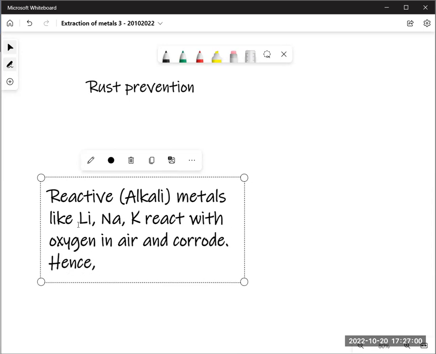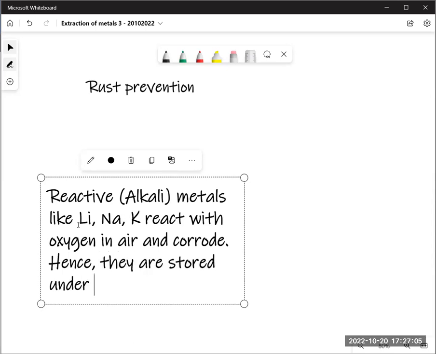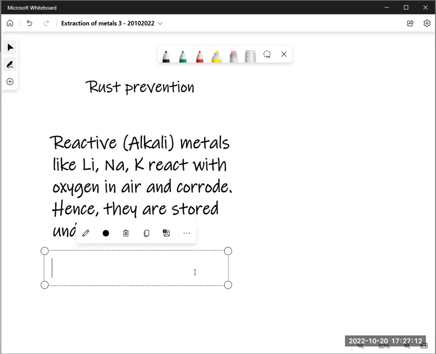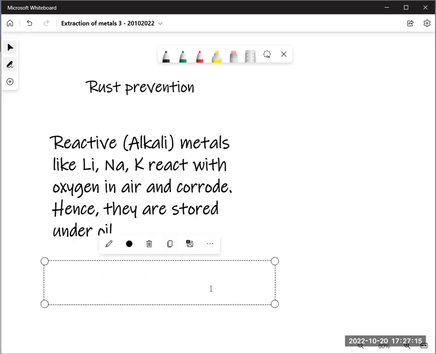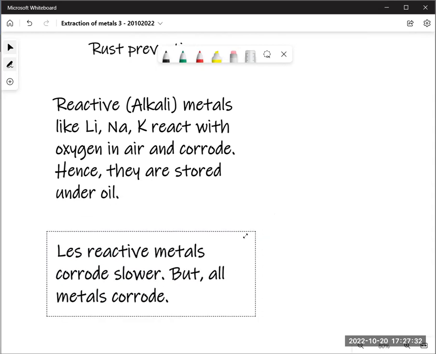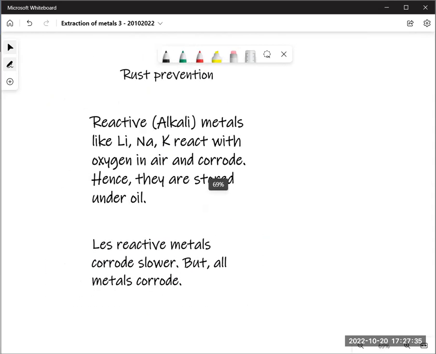Hence, they are stored under oil. That's one thing. Now, other less reactive metals also corrode. Less reactive metals corrode slower, but all metals corrode. Write this, tell me when you're done.